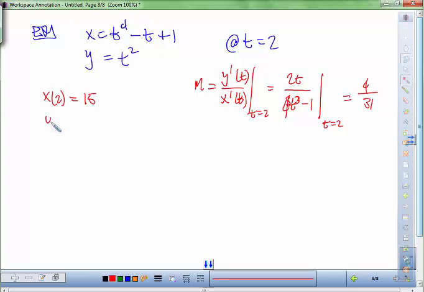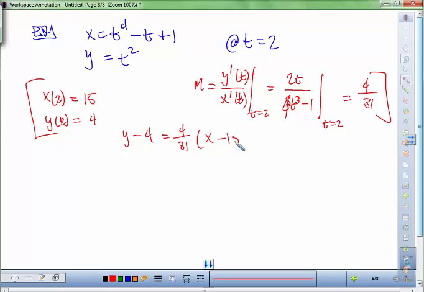And the y is 4. So you have your point, you have your slope, and you just come up with the equation of the line. So y minus y1 is equal to the slope times x minus x1. And that's all you need.